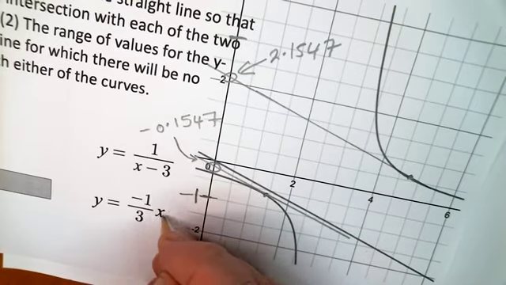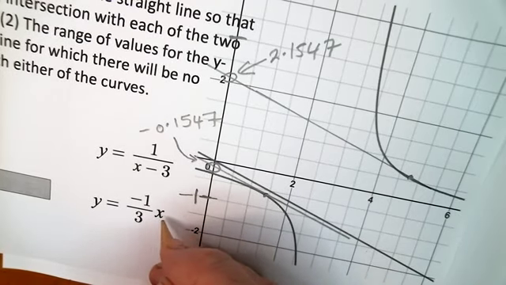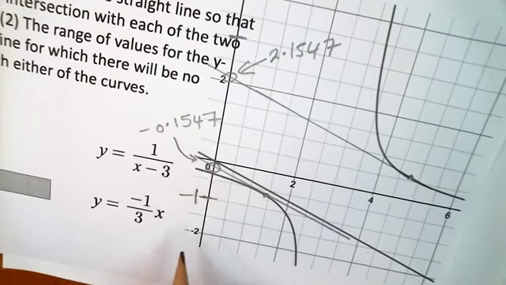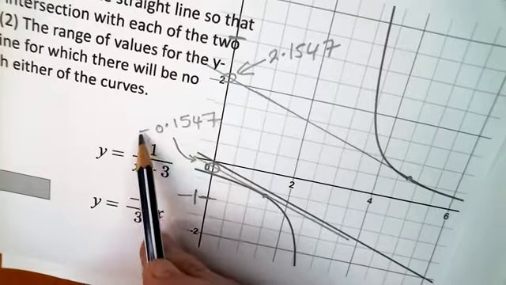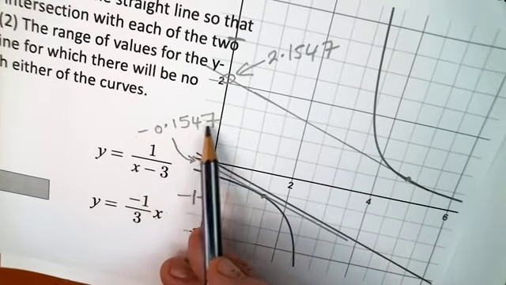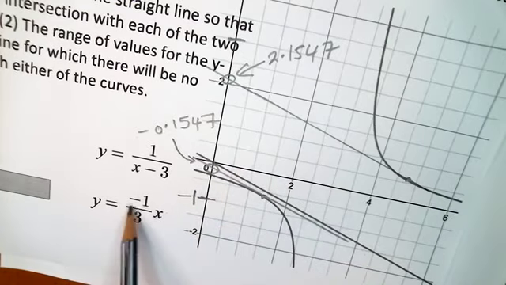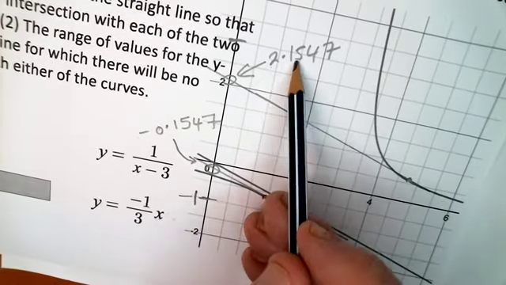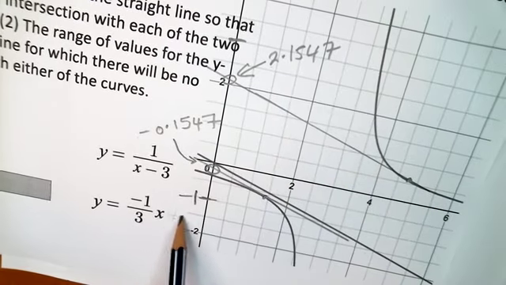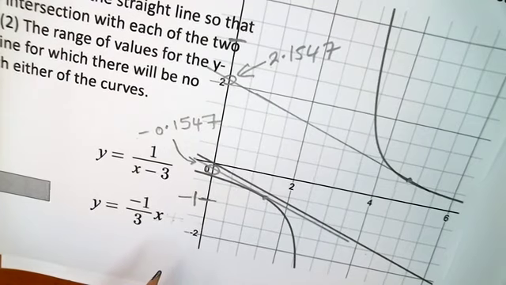So the y-intercept for the lower line there would be y = negative 1/3 x minus 0.1547, tacked on the end there. And this line here is going to be negative 1/3 x plus 2.1547. We add the plus on the end. So that is what we have found.